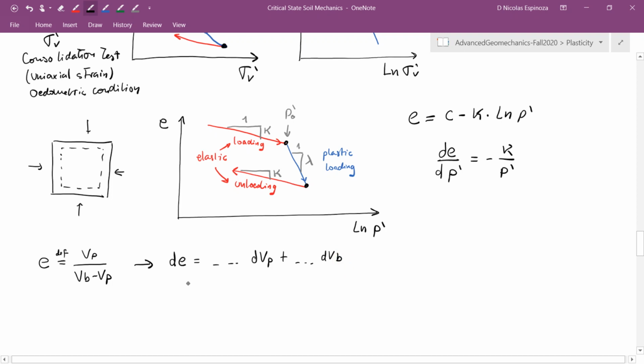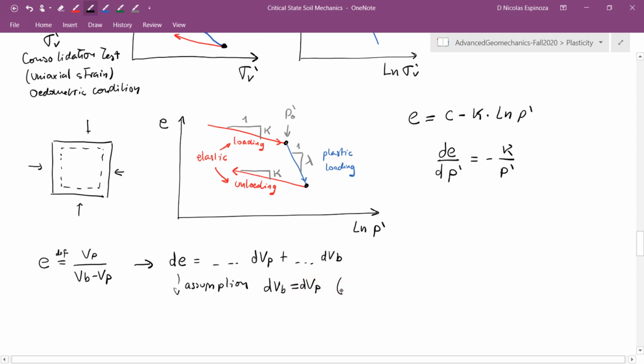All right, we're going to make an assumption here in order to continue with the derivation. We're going to assume that any change in the bulk volume is going to be caused by a change in the pore volume.